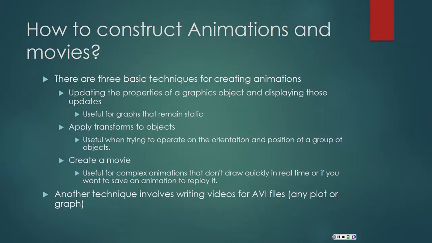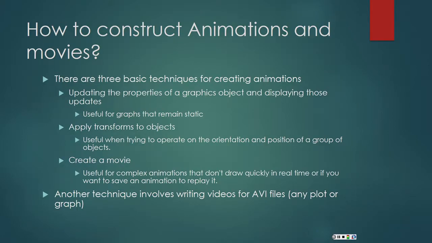All right. There are really 4 techniques, but 3 basic techniques that we can do. Update the properties of your graphics, so you can open up your graph, look at the properties, change them, and see different animations. You can also apply transforms to objects, so you can orient your object in a certain plane or in 3 dimensions.